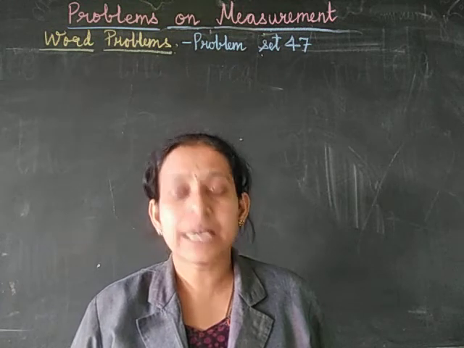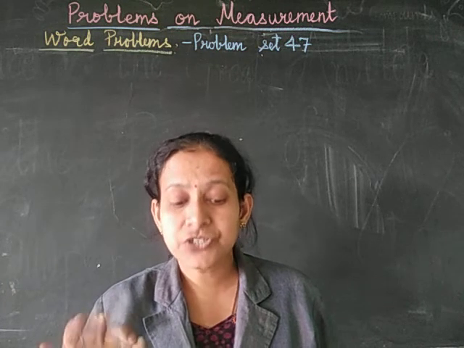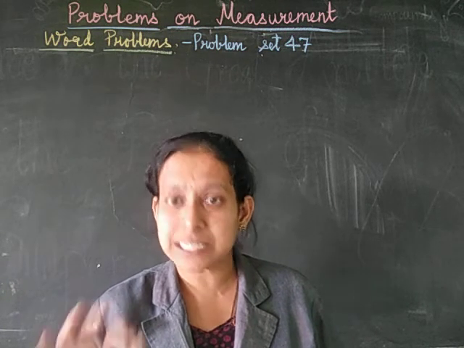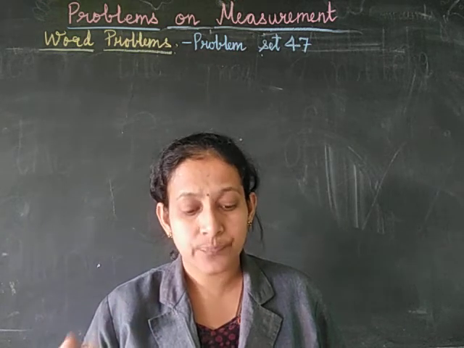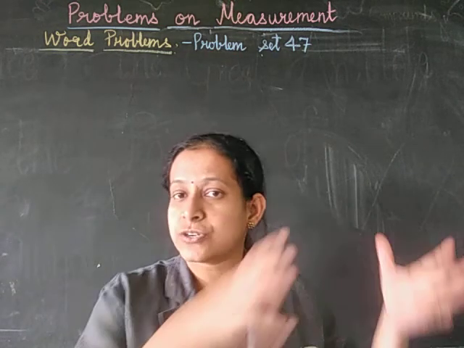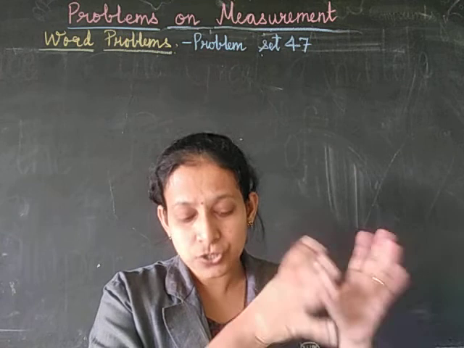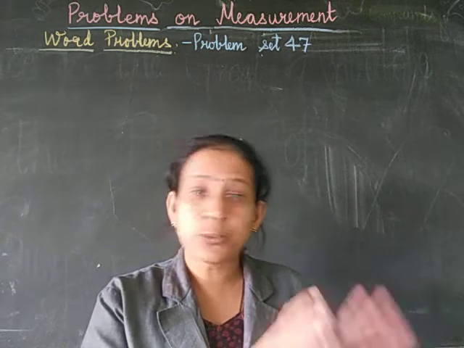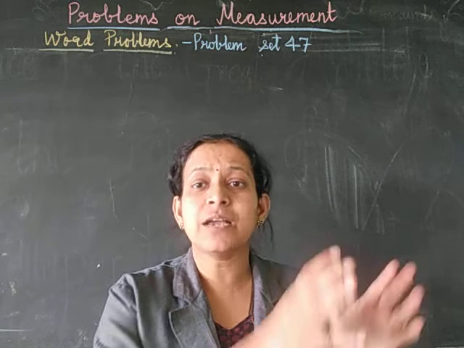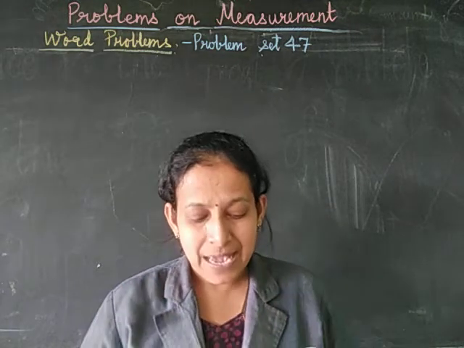For his birthday, Ajay gave 20 liters 450 milliliters of milk to the children in Ashram Shala. So in Ashram Shala he gave around 20 liters 450 milliliters of milk.